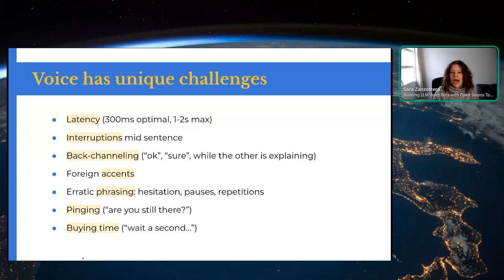Other details about how voice can be hard for machines are things like foreign accents. Normally, LLMs and any other system that handles voice are designed to work mostly with native accents, or at least are trained to recognize and deal with native accents. Foreign accents often throw them off or make it very difficult for the machine to understand what's happening.